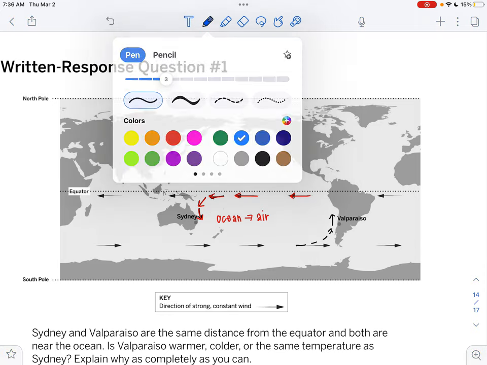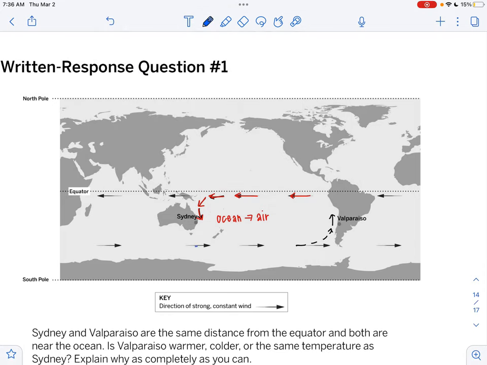In contrast, in Valparaiso, the ocean current is much colder because it's farther from the equator, which means the surface of the ocean receives less energy from the sun. Here, the energy transfer is occurring in the opposite direction.